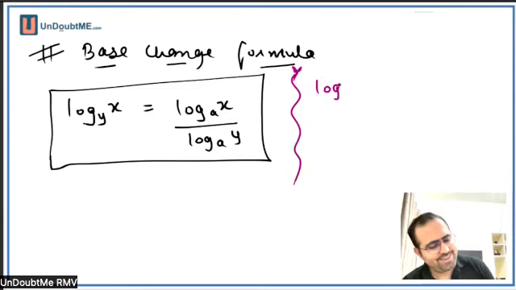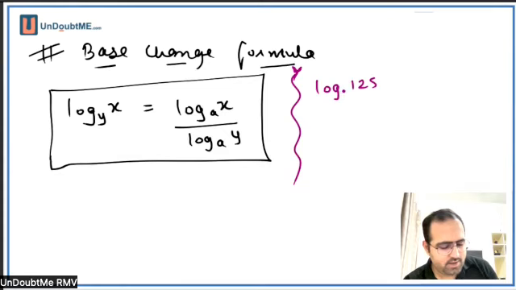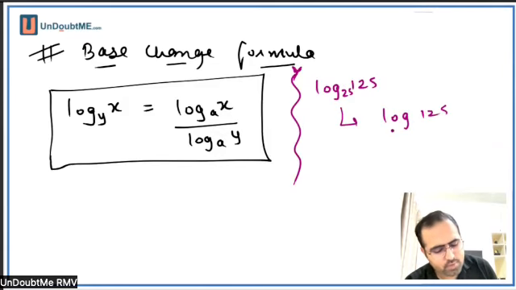So let's say if I have log of 125 to the base 25. And I want to solve this. Now, how it can be solved? For that, you can firstly write like this: log of 125 upon log of 25.